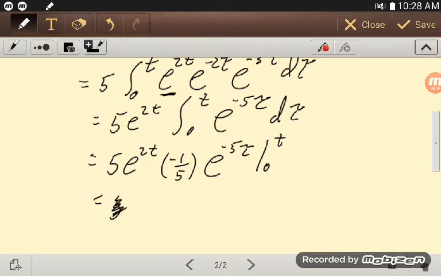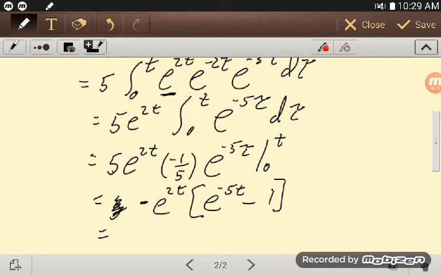negative 1, I guess, because I have 5 over negative 5, so I get a negative e to the 2t times, and I evaluate this, I'll get e to the negative 5t, and minus e to the 0, or 1. And so that's equal to, well, using my rules of exponents and so forth.